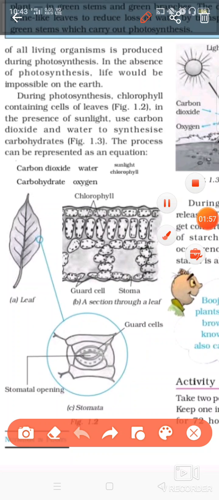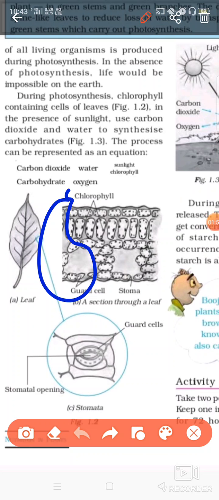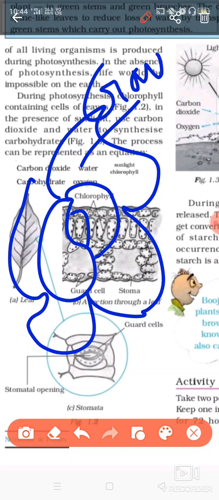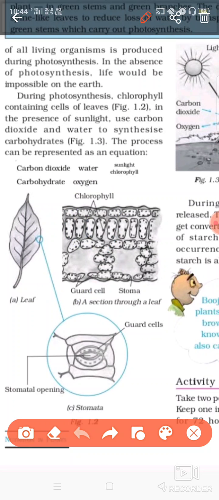This is the structure of stomata. Basically it is made like this. It is surrounded by some cells, and these cells are known as guard cells. You can see them here in the diagram in a better manner.